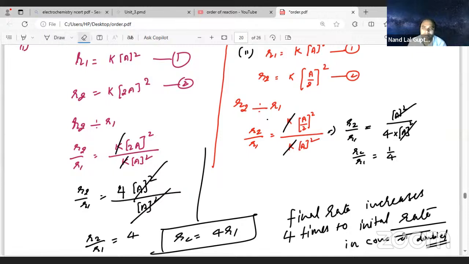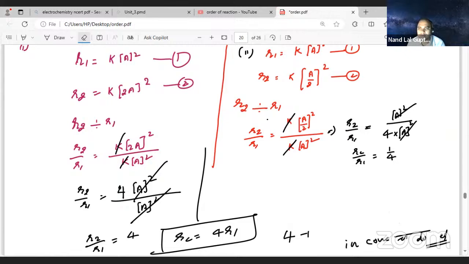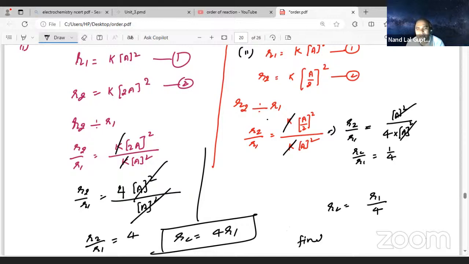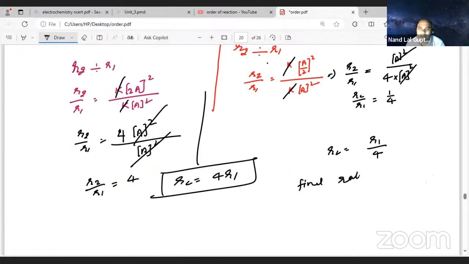So R2 is equal to R1 by 4. So the final rate is 1 by 4th of the initial rate.